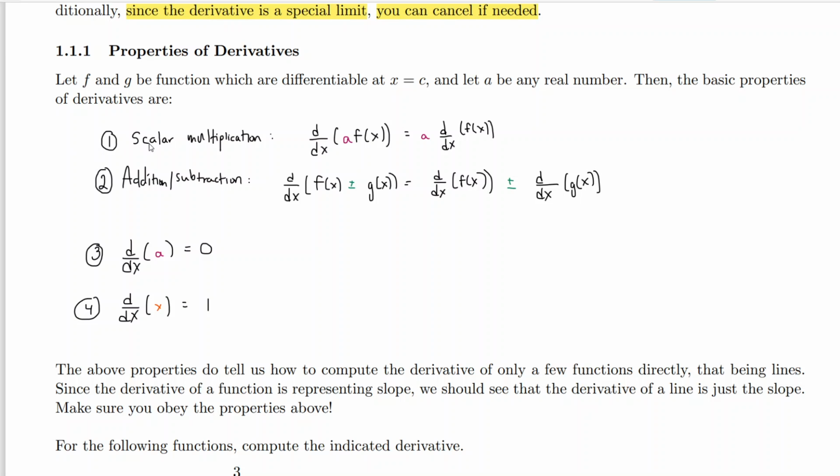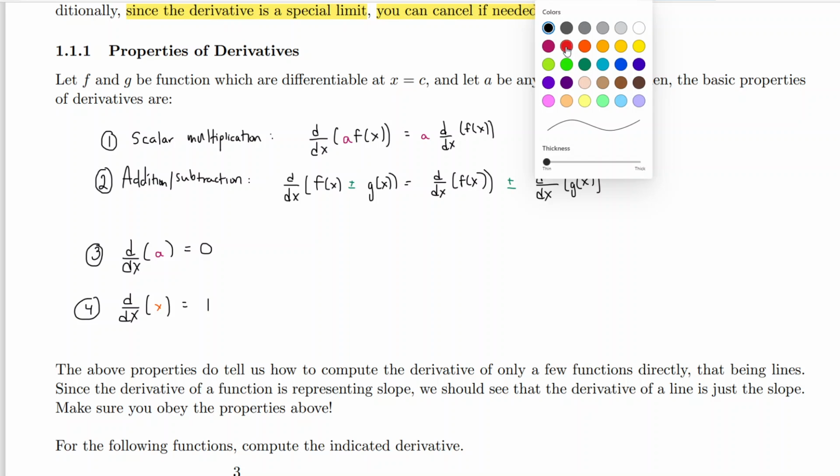The first one, called scalar multiplication, you saw that with limits, and it works with derivatives as well. What it says is if you're trying to do the derivative of a number times a function, so a times f of x, you can bring the number outside.